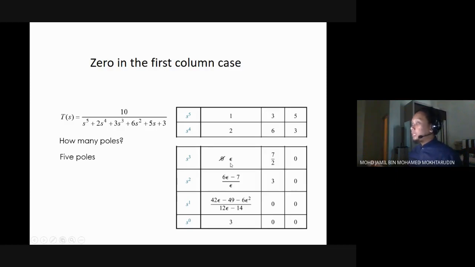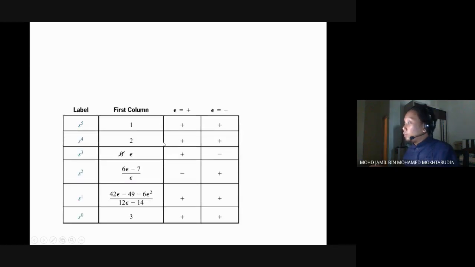How do you determine the system stability? First you assume that epsilon, although very small, has a positive value, for example 0.1 or 0.01. Then you see whether there are any sign changes in the first column. If you assume epsilon as positive, from S5 to S4 there are no sign changes.